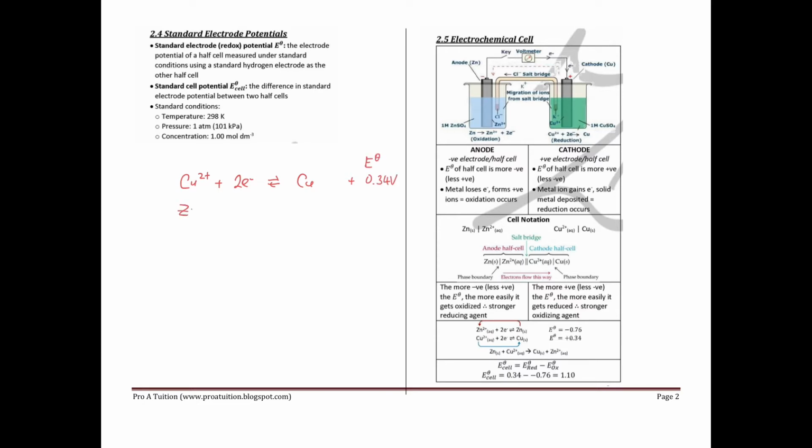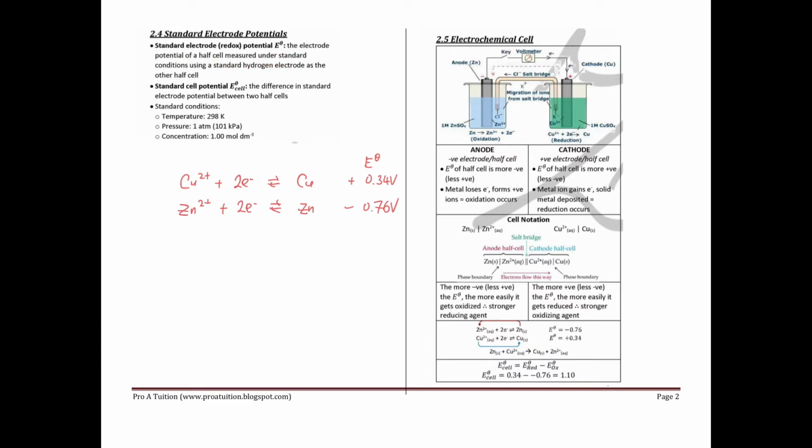Another example, Zn2+ plus 2 electrons becomes Zn, minus 0.76 volt. So the first point here is to explain to you how they get the E theta.